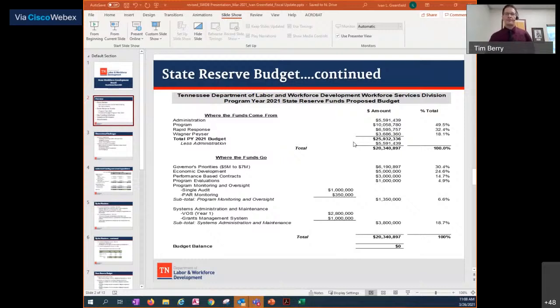Okay, and seeing none, we'll ask for opposition and abstention. Otherwise, we'll assume that everyone is in favor of the reserve funds budget. And seeing none, we'll say that that has been approved.